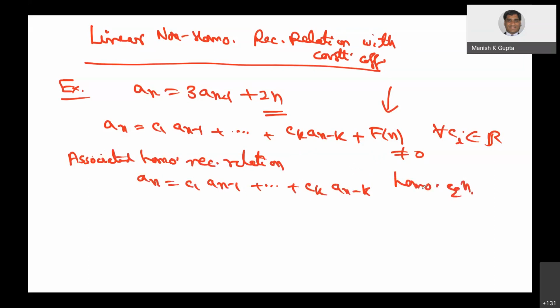So now I'm going to mention the main important result, something like the particular solution and the general solution.